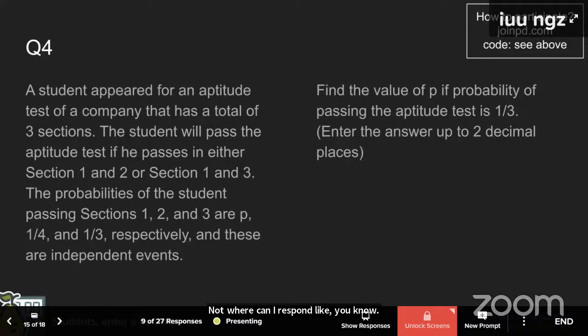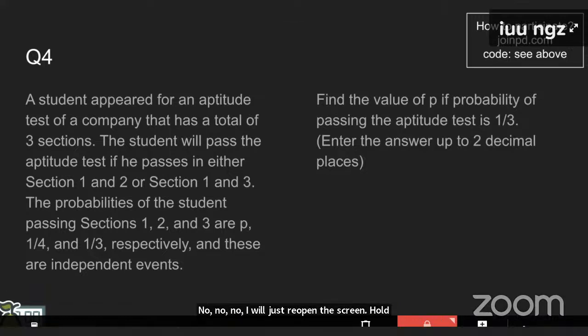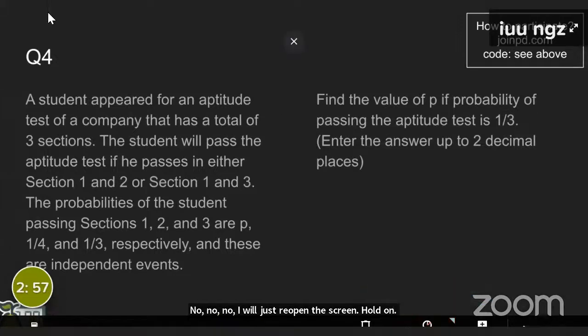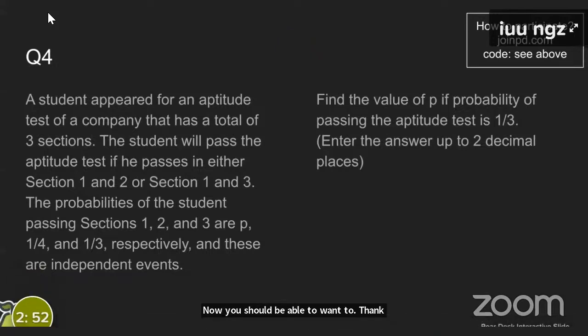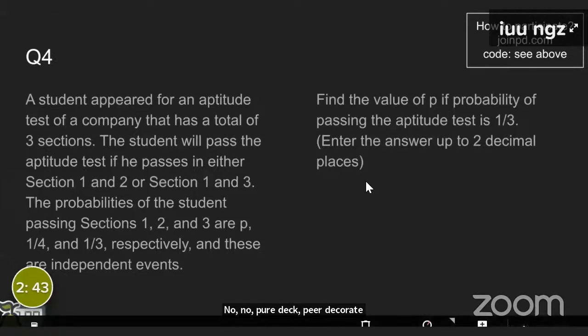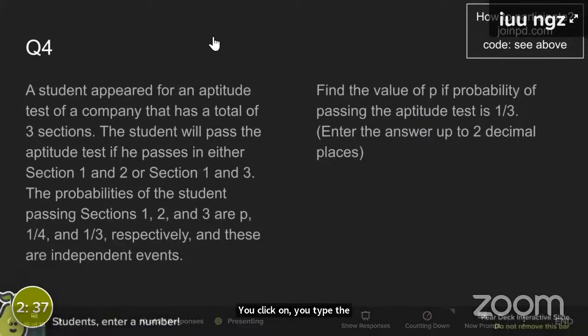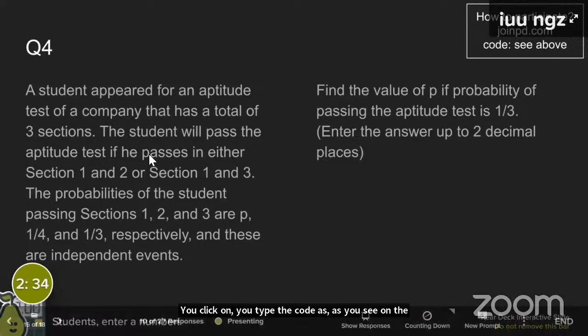No. I will just reopen the screen. Hold on. Now you should be able to answer. Type your answer. Go to the Peerdeck website, joinpd.com, type the code as you see on the top right hand corner of the screen, and then you should be able to type your answer.